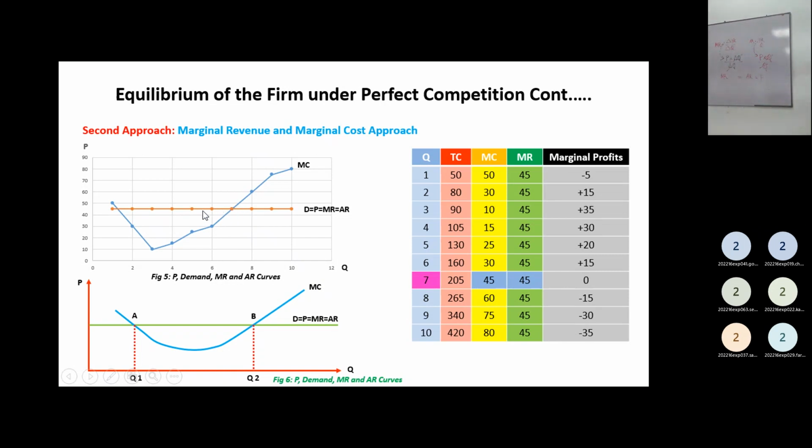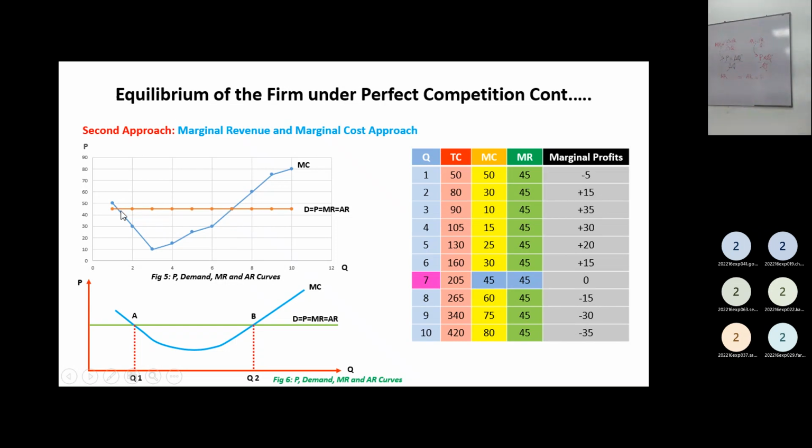So which output level are you going to pick to produce? Obviously it's 7. So we have decided on 7, and this is the output that we are going to produce.